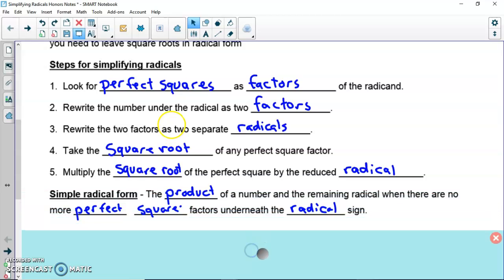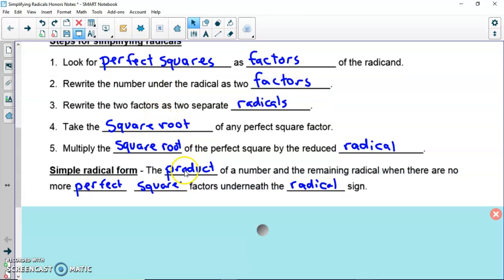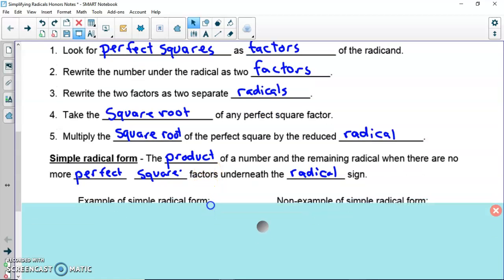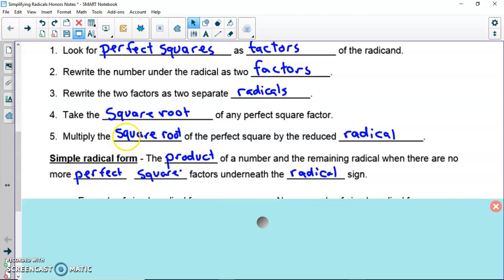When we say the words simple radical form, that's another vocab word. It's the product of a number and the remaining radical when there are no more perfect square factors underneath the radical sign. In regards to product, that means multiplication.